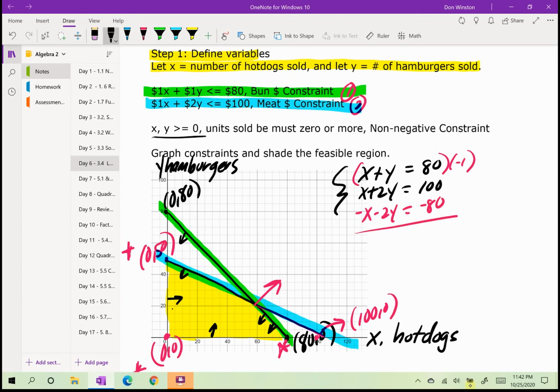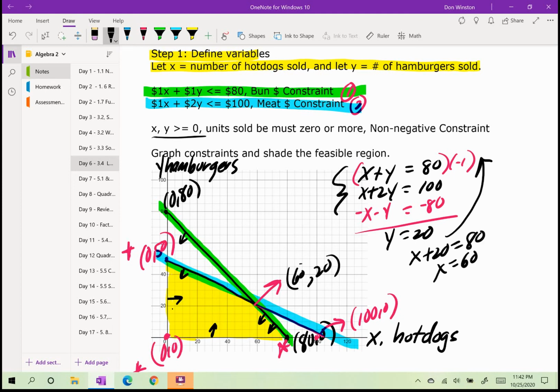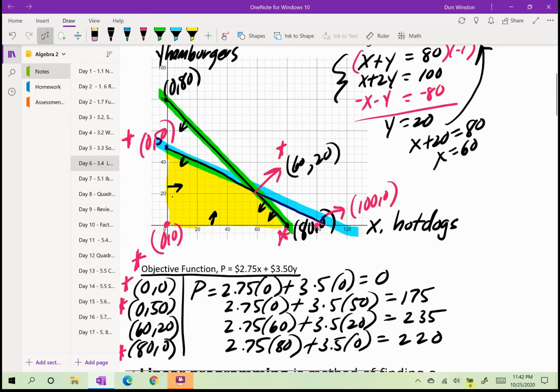And then if I add, I get y is equal to 20. So y would be 20, which would make x 60 from this equation here. If I substitute that up into there, I'd get x plus 20 equals 80, x equals 60. So my other corner point is 60, 20, which is what I have there.